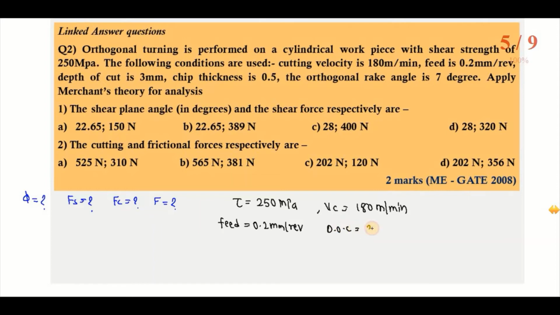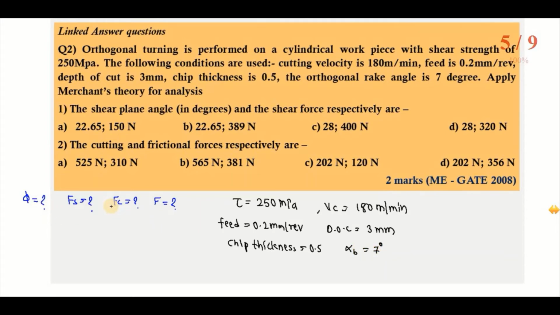Depth of cut is given 3 mm. Chip thickness is given, that is 0.5. Orthogonal rake angle alpha is given 7 degree. So based on that, we want to find out this.